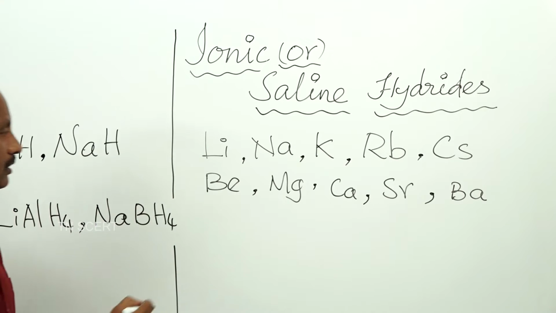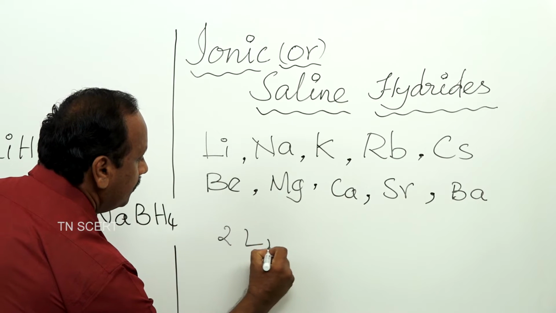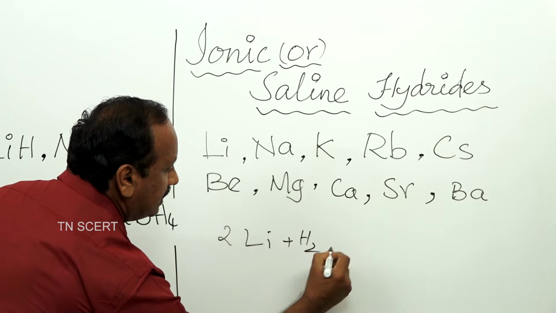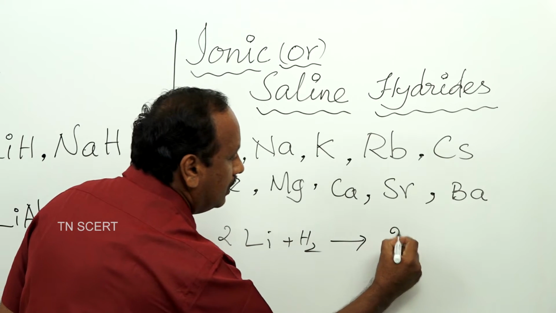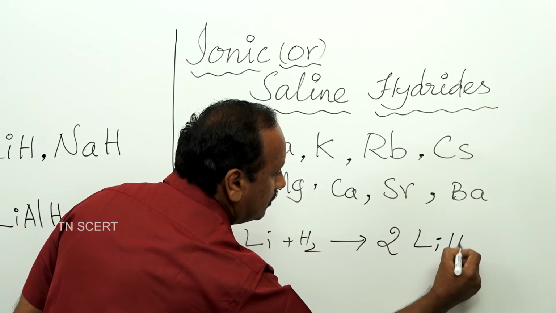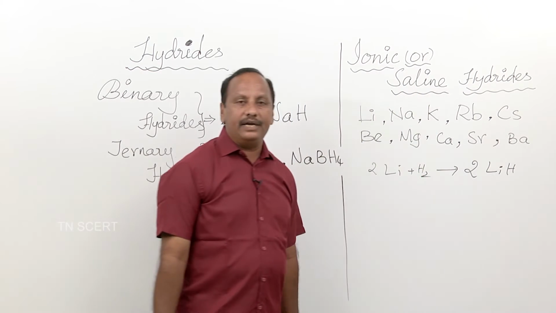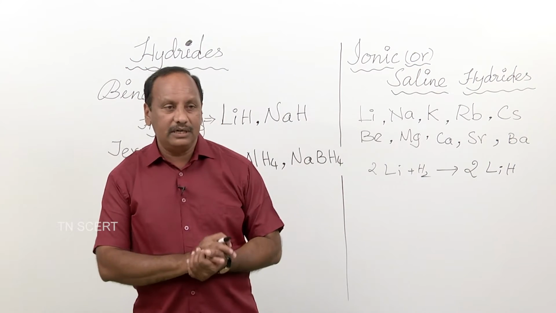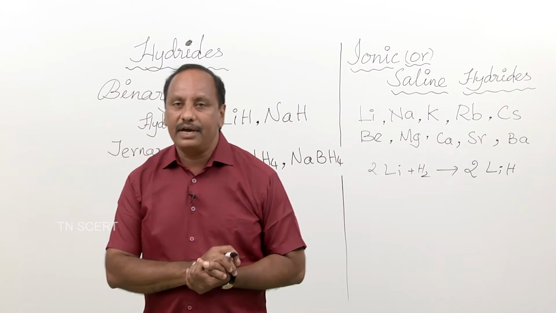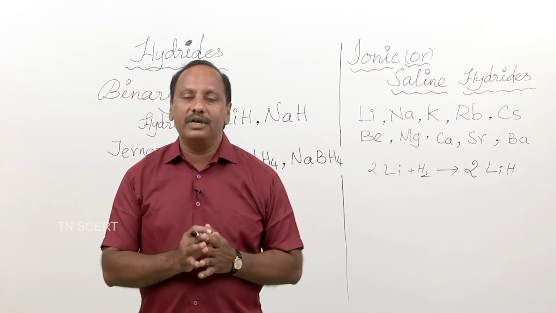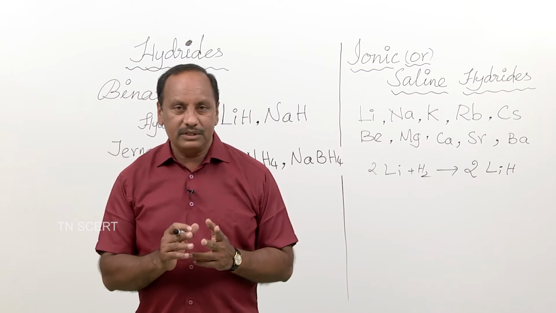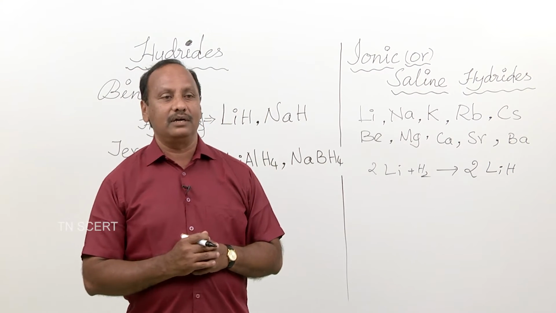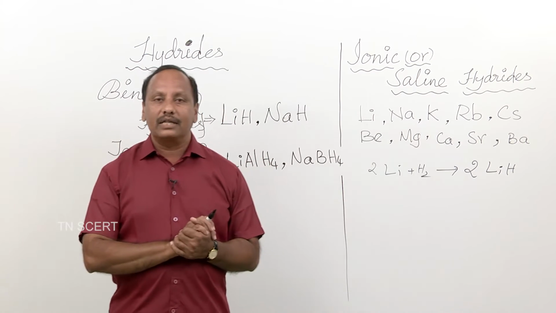For example, lithium combines with hydrogen to form lithium hydride. In these hydrides, an ionic bond is present between hydrogen and lithium. What is meant by ionic bond? An ionic bond is formed between two elements by the transfer of an electron from one element to another element.